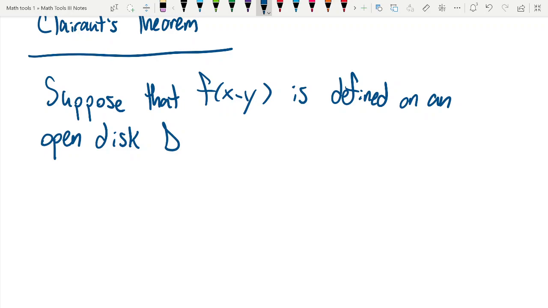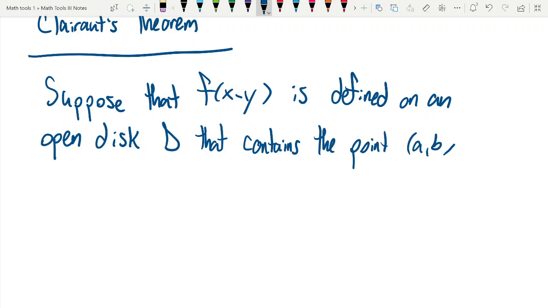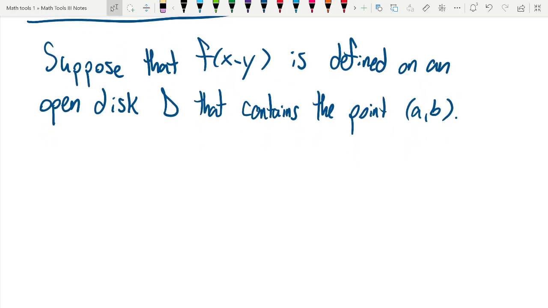So we suppose that it's defined on an open disk D that contains the point (a, b). This is equivalent to saying, suppose that f(x) is defined on the interval (a, b) and there exists some c inside that interval. So just bringing it up into 2 dimensions.